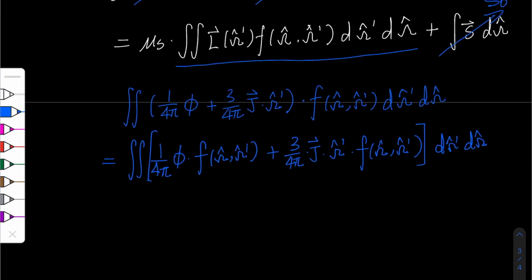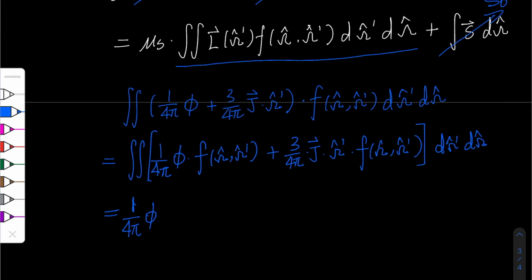Next, we can do the integral on each part of the terms inside of the integral sign. For the first one, 1 over 4 pi is just a constant value, so we can put it outside of the integrals. The phi function itself doesn't depend on any direction, either omega hat or omega hat prime, so we can treat it as a constant and put it outside of the integral signs.